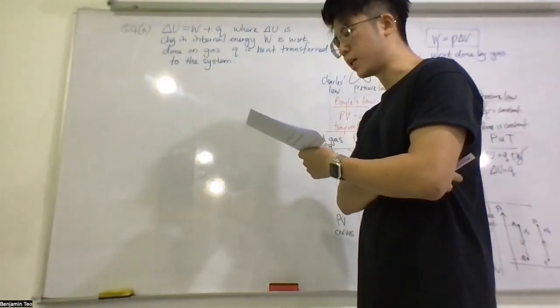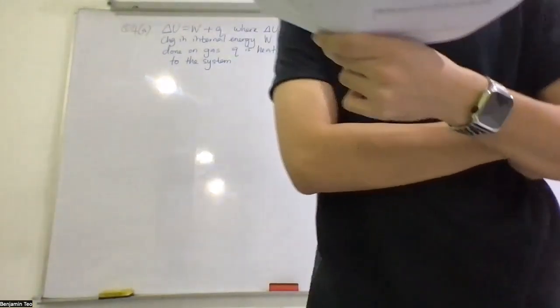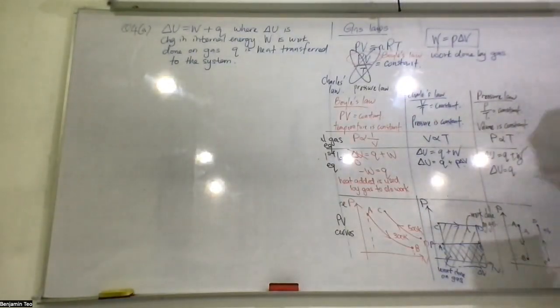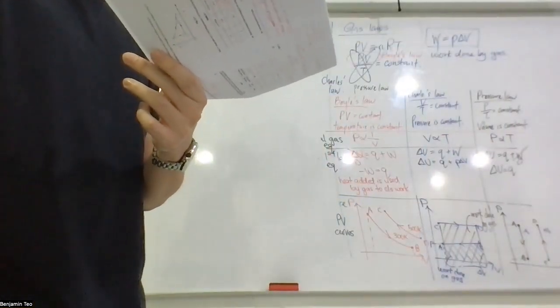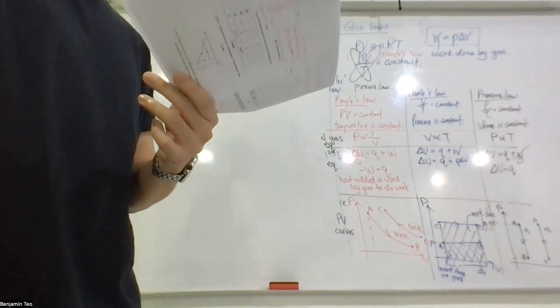You see A to B, the volume drops and it is at constant pressure. That is Charles' law. Constant pressure, volume drops, that means I'm doing work on the gas.